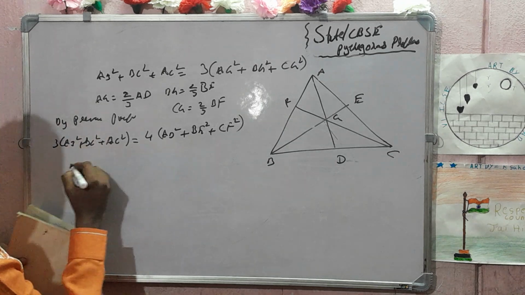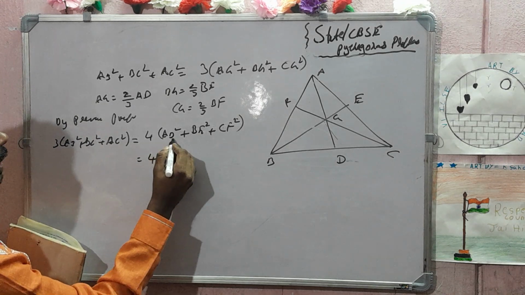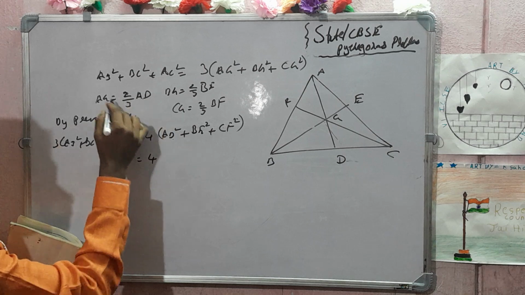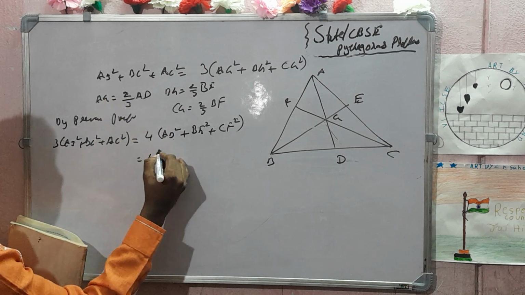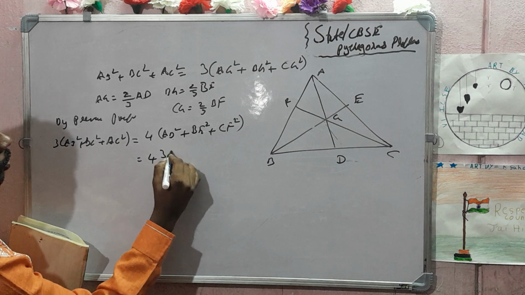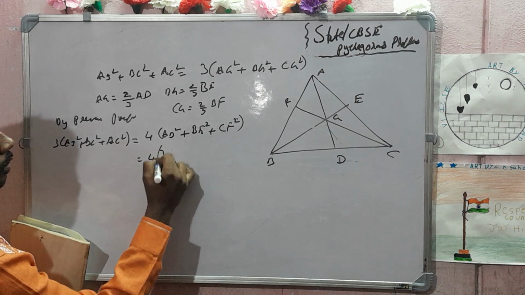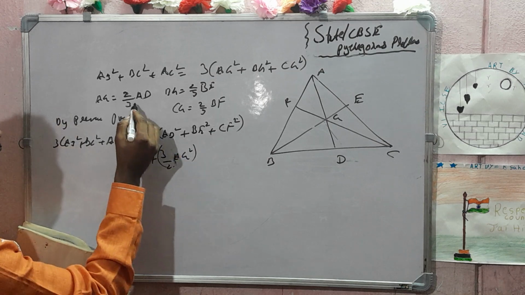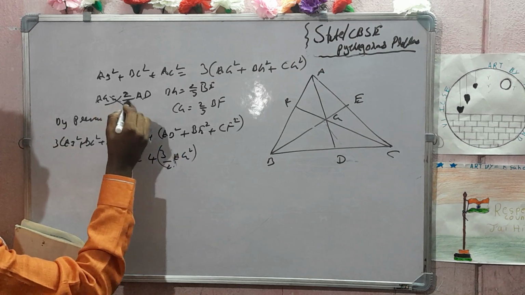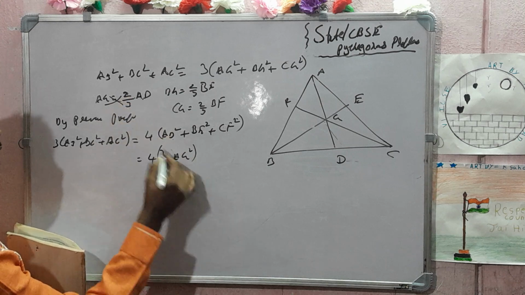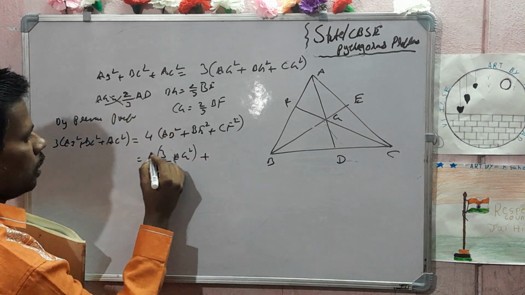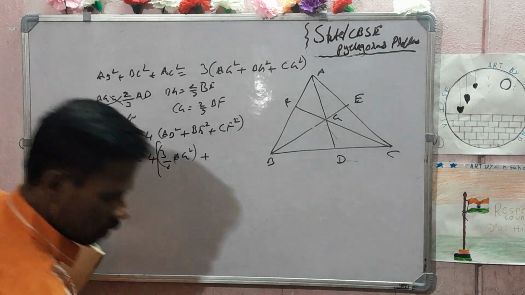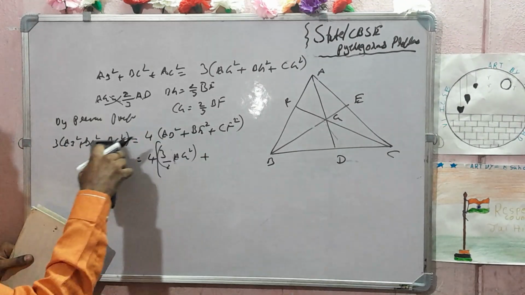Right? So therefore, from this, what is AD length? AD is 3 by 2 AG. Cross multiplication, 3 by 2 times AG square, plus same thing 4 times. This you have to write by yourself.